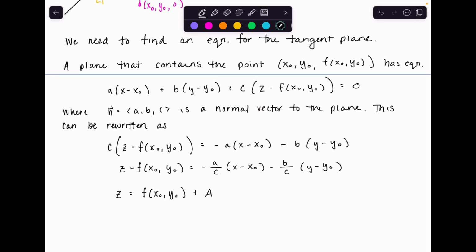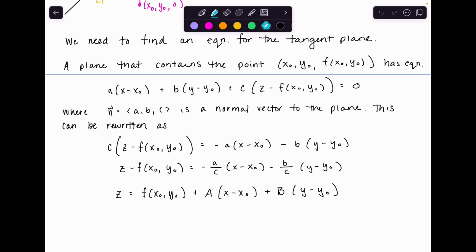This I'm calling A, and this I'm calling B. And this gives us the equation of our tangent plane. This point is known, this point is known, this point is known. It's just the values of A and B that are unknown.